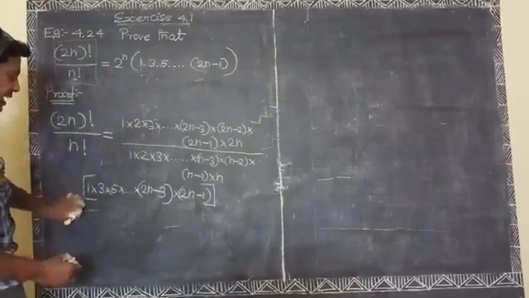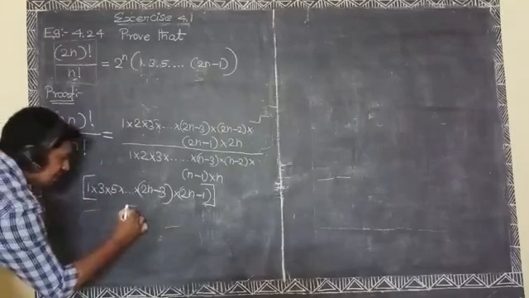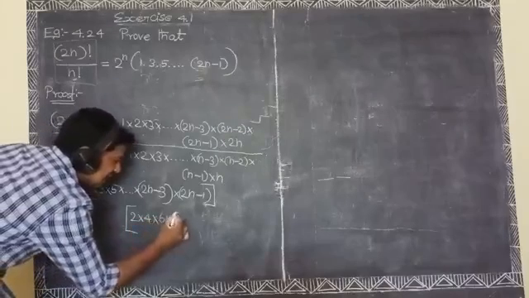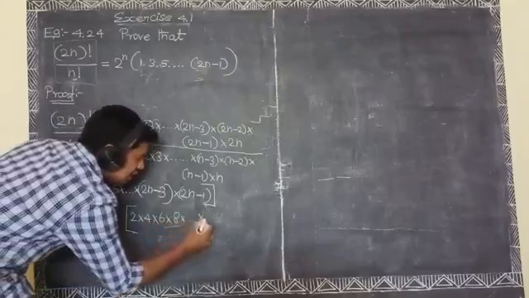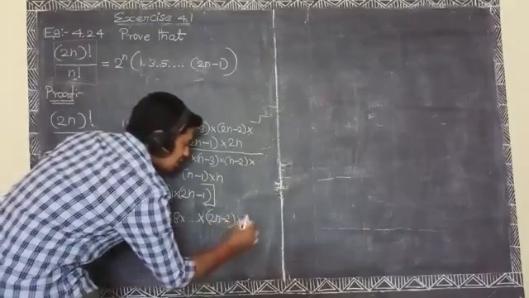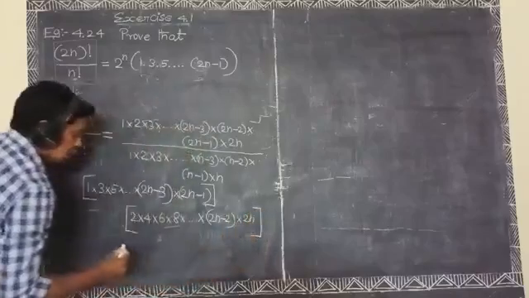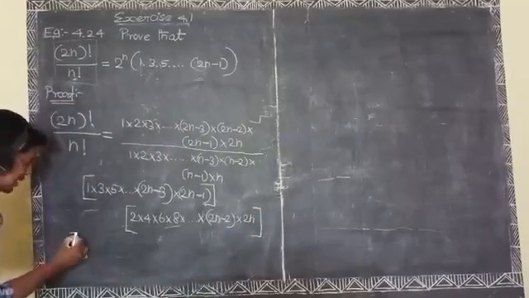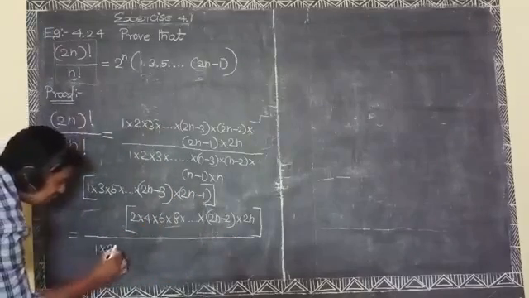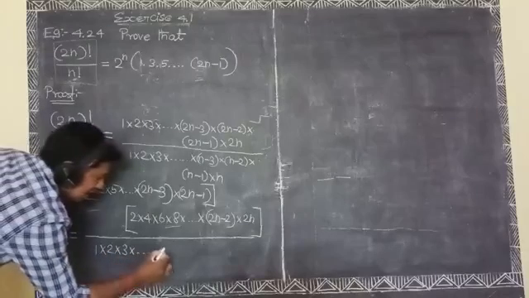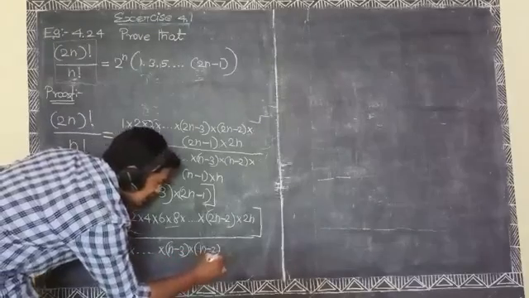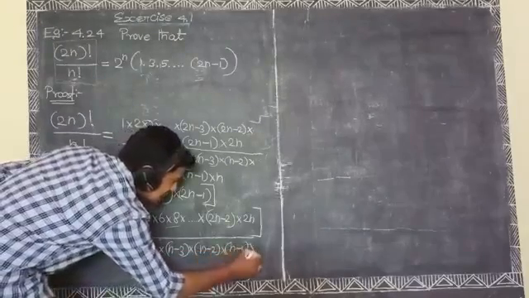Then the even numbers are 2 into 4 into 6 into 8 into and so on, 2n minus 2 into 2n. This is the grouping of even numbers. This is the numerator. Then the denominator is n factorial. N factorial means 1 into 2 into 3 into and so on, n minus 3 into n minus 2 into n minus 1 into n.